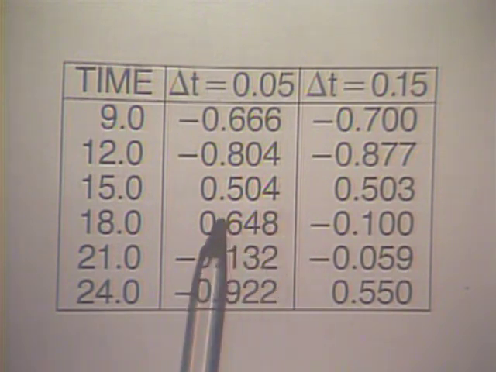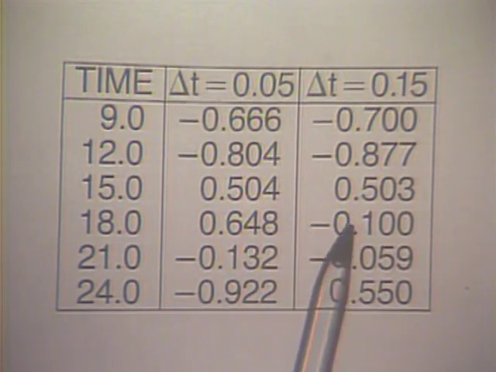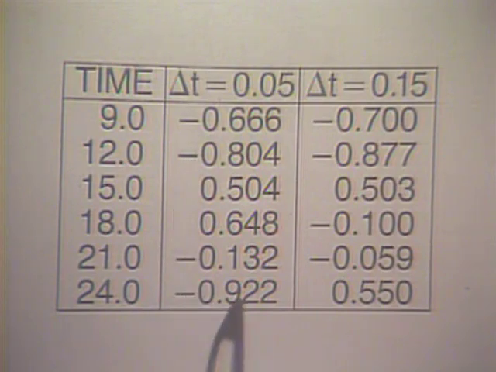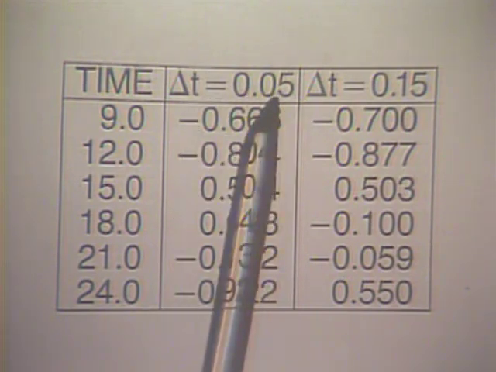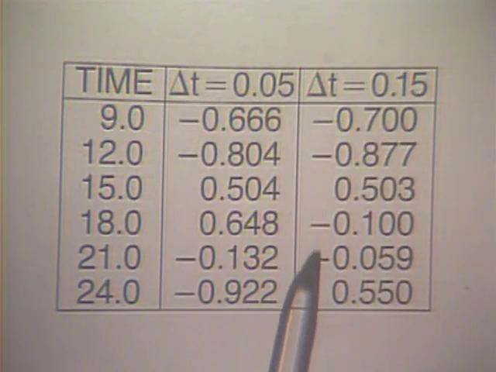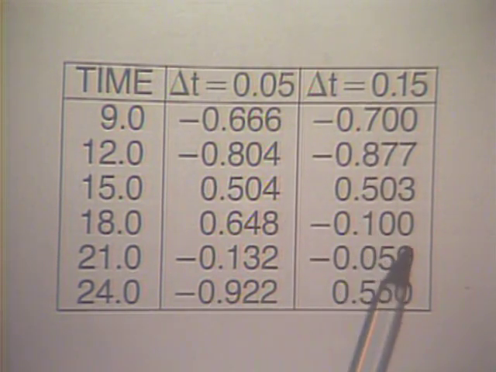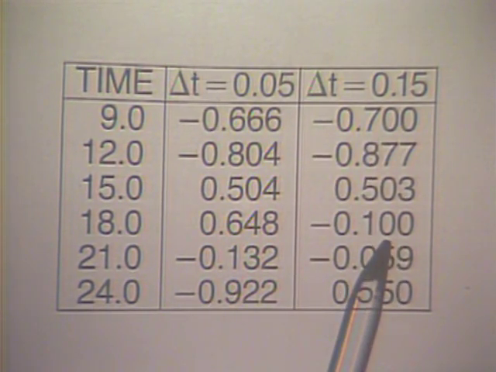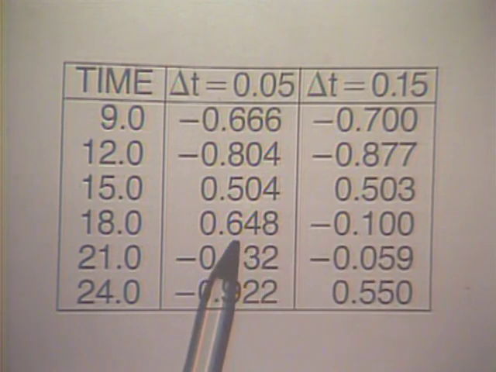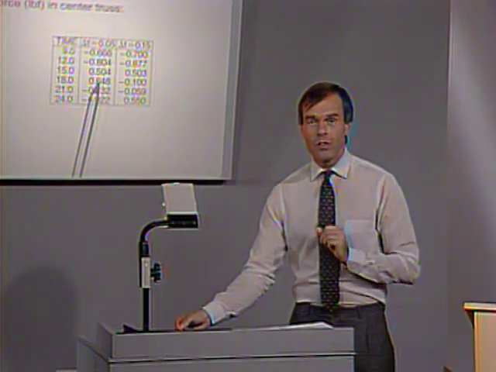In fact, here we have an opposite sign in the force. This being the accurate solution with a small enough time step, and this being, of course, a grossly inaccurate solution. But it is not evident that this is a grossly inaccurate solution if you don't know the other solution. And that's the point I wanted to make with this example.